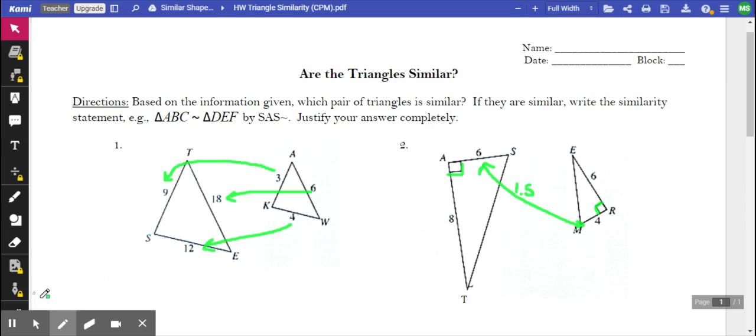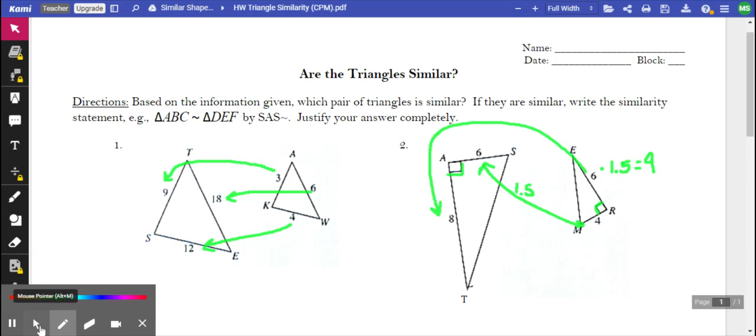But if I'm going from 6 to 8, if I multiply 6 by 1.5, that is going to equal 9 instead of 8. So that would mean that these two shapes are not similar since the sides we have showing are not proportional to each other.